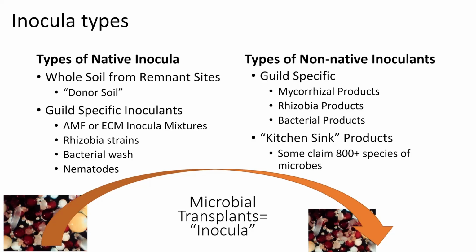I also work a lot with guild-specific inoculants, for example, just isolating the AMF from that soil and culturing that up, and I'll talk a little bit about that later. There's also a ton of non-native inoculants available. You can buy these things anywhere, Amazon, Home Depot, Ace. There are guild-specific inoculants for mycorrhizae, rhizobia, and these kitchen-sink products that some claim to have more than 800 different species in them. I'll talk a little bit about those today too.